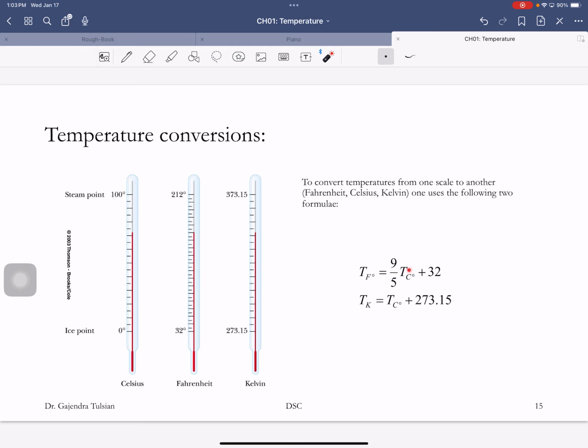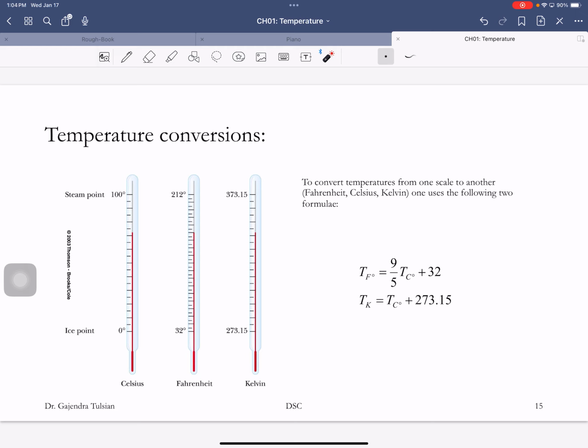So for instance, if the temperature is 20 degrees Celsius, 20 times 2 is 40, 40 plus 30 is 70. And to go from Celsius to Kelvin, you just add 273 degrees to it.